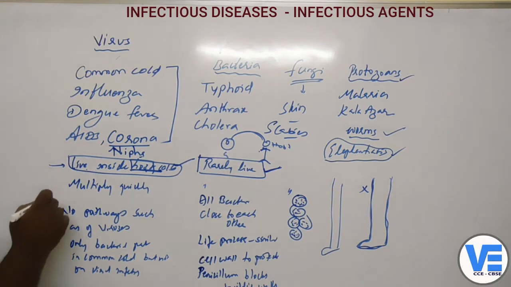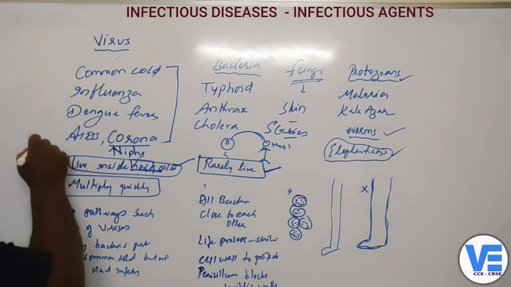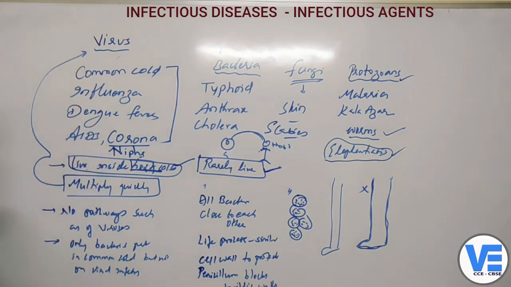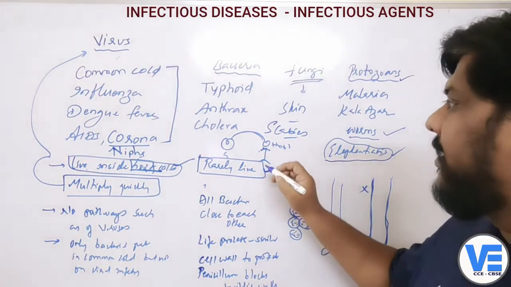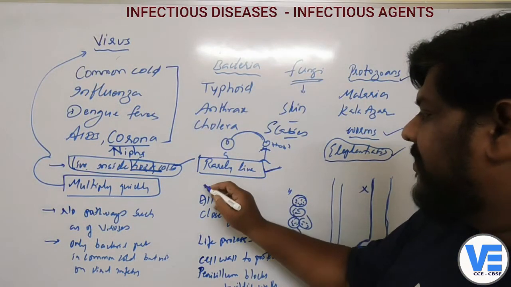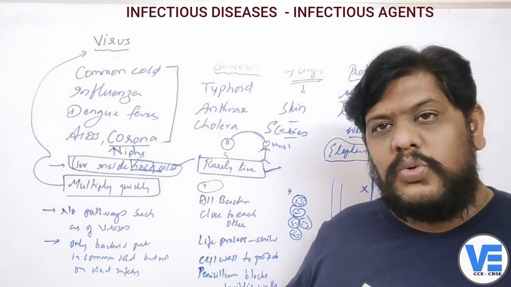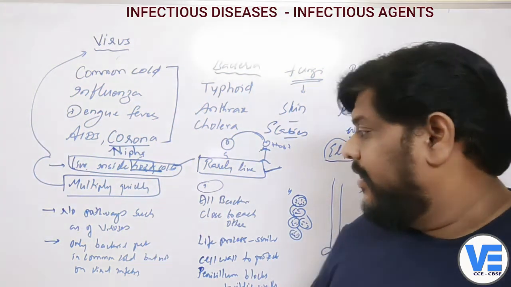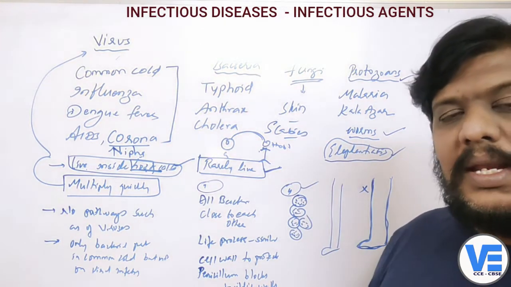Second point you can take here is these viruses can multiply very, very quickly. In the same way, bacteria have the same kind of habit. They are also able to reproduce very quickly. And fungi are also able to reproduce very quickly.